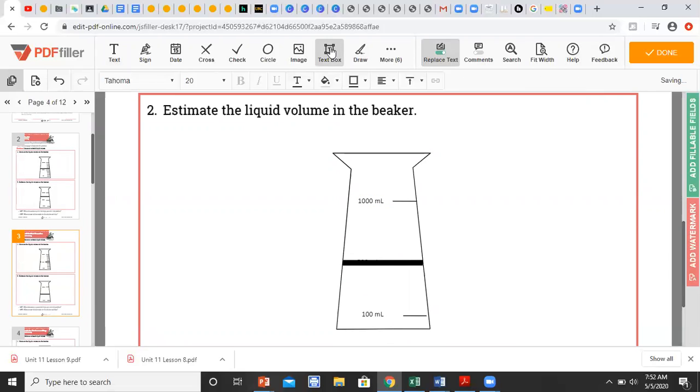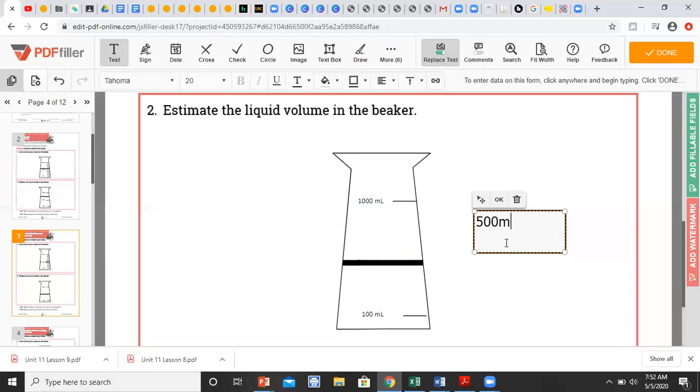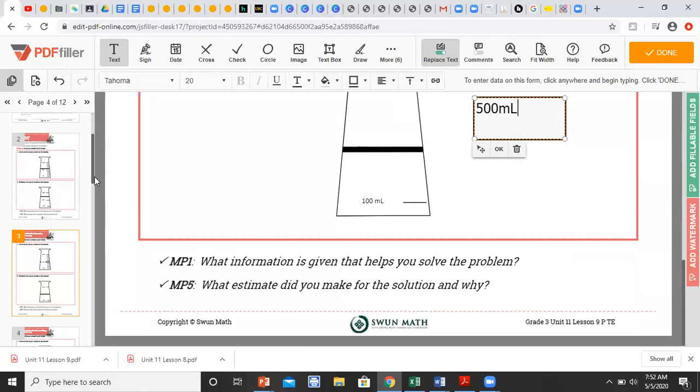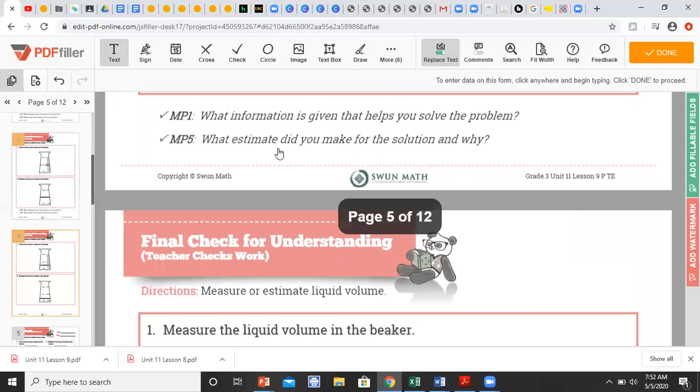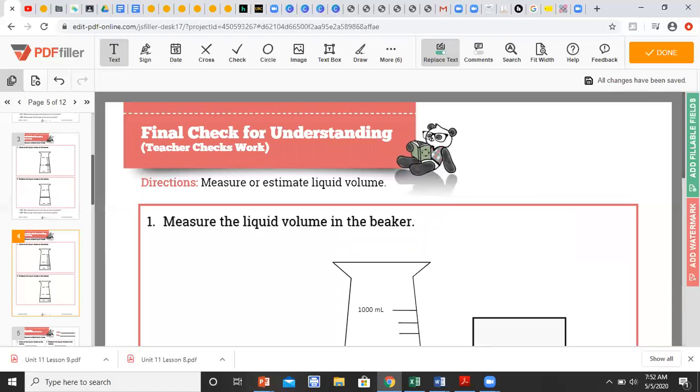The line appears to be in the middle, so I know 1/2 of 1,000 is 500. 500 milliliters.